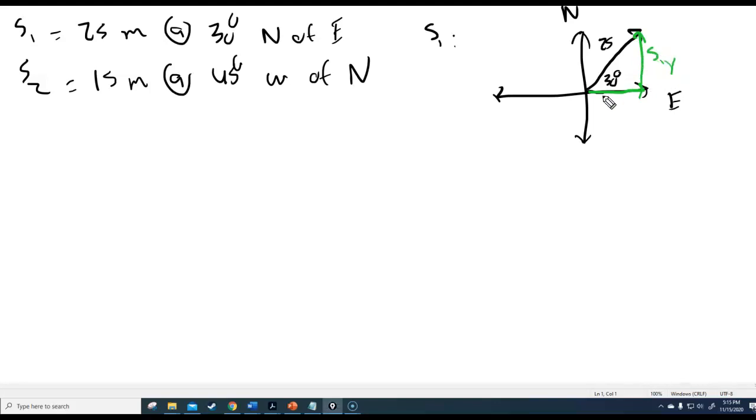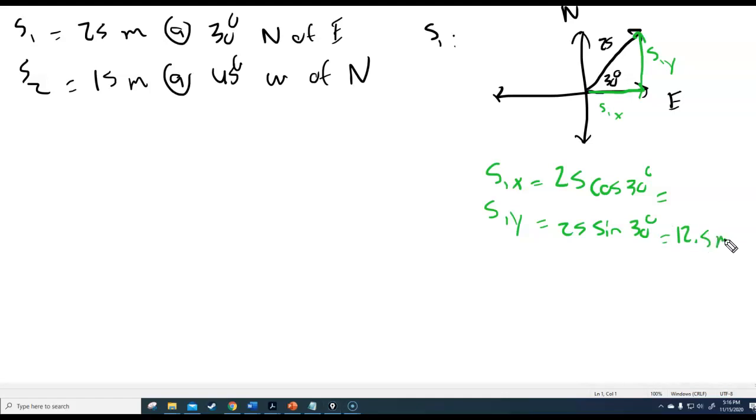From doing many problems like this before, we know that S1x is going to be 25 cosine of 30 degrees, and S1y is going to be 25 sine of 30 degrees. And so that's going to be 12.5 meters there.